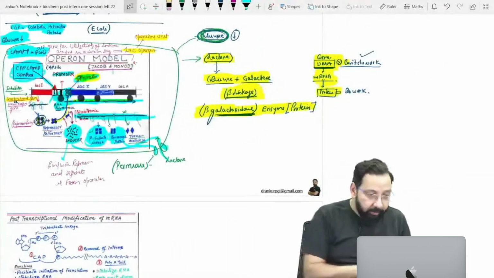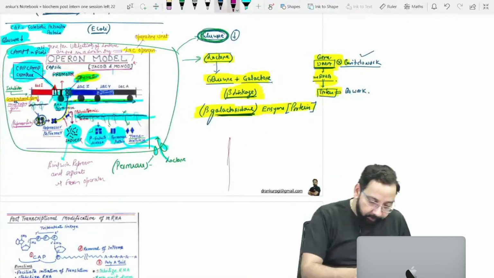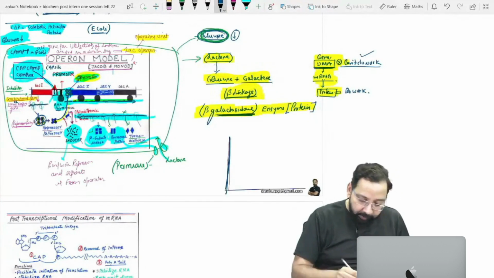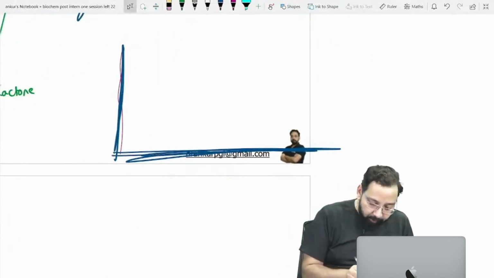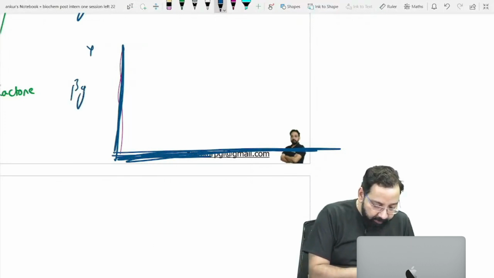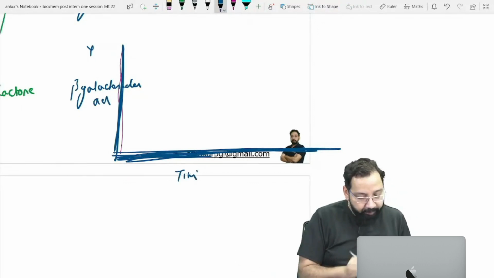Have you understood this part? Yes, a question was asked. They gave a question like this: in a solution, this y-axis is beta galactosidase activity and this is time.